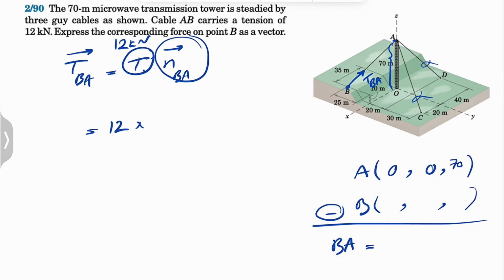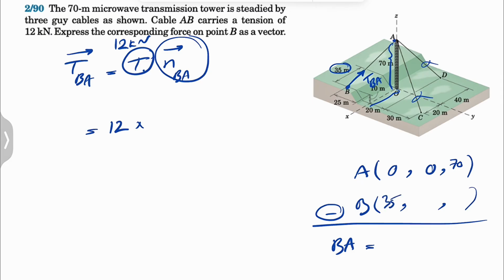B is a bit trickier because we have a value for each of them, X, Y, Z. So let's start with the X. We can see the point B is this much on the positive side of the X, and that value is what we have in here, 35.